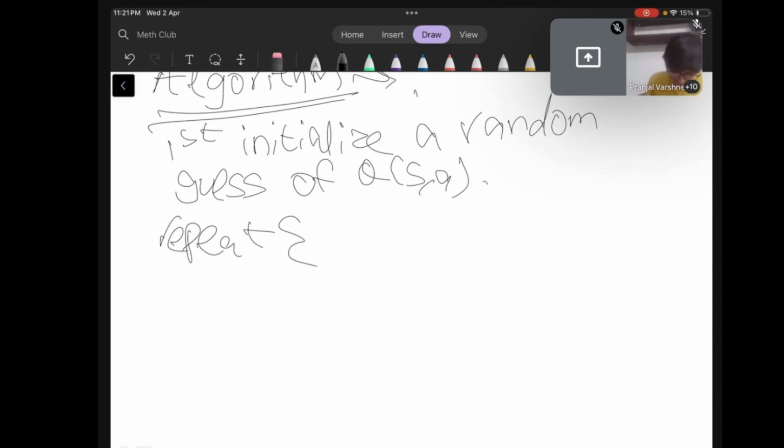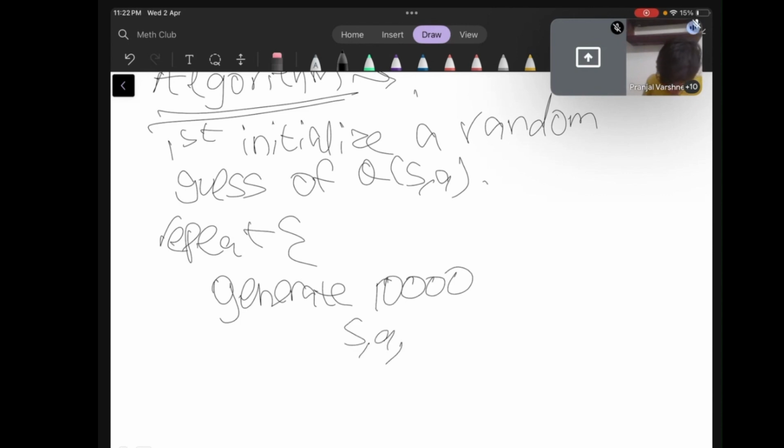So repeat this algorithm which I'm about to write. First I'll take an action and generate 10,000 tuples of s, a, r(s), s'.